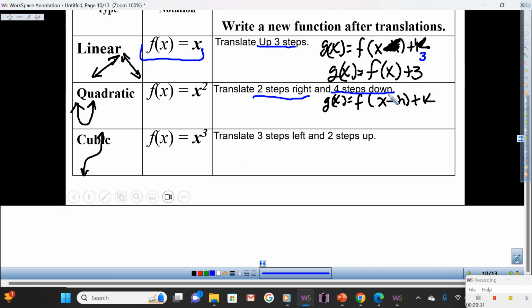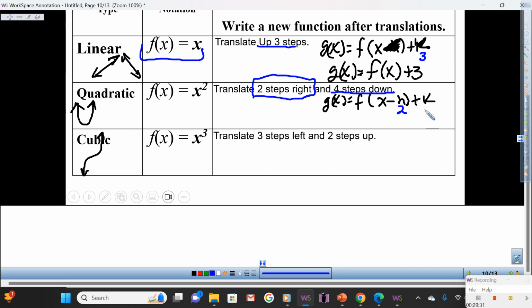All right, Miroslava, what goes where? The 2 steps to the right goes where? H, yes. How about 4 steps down?